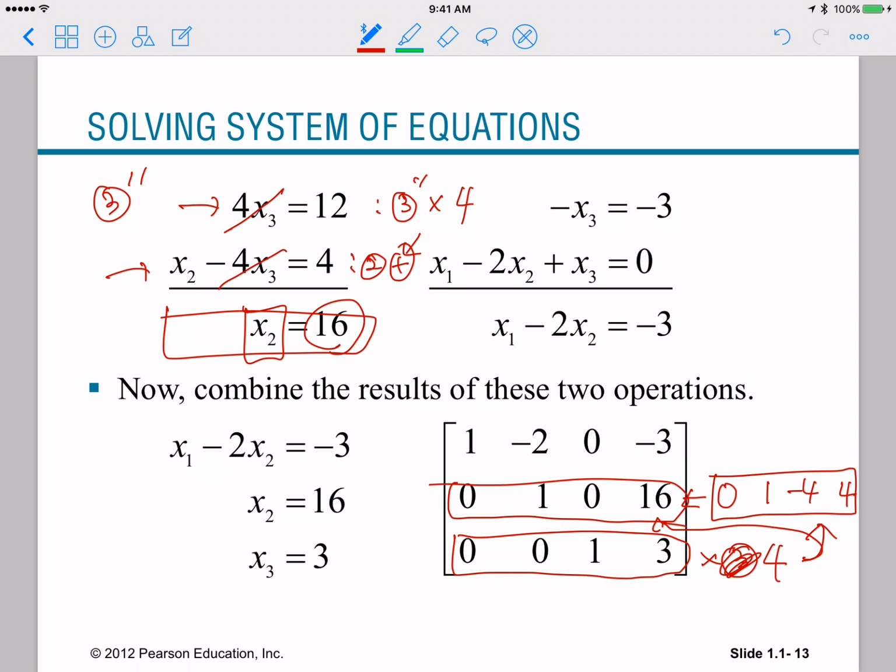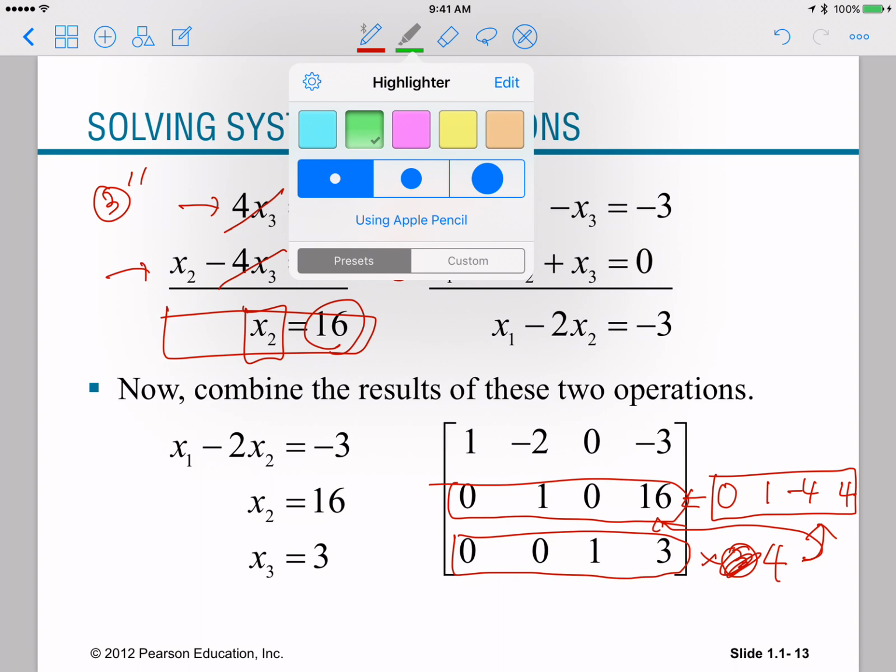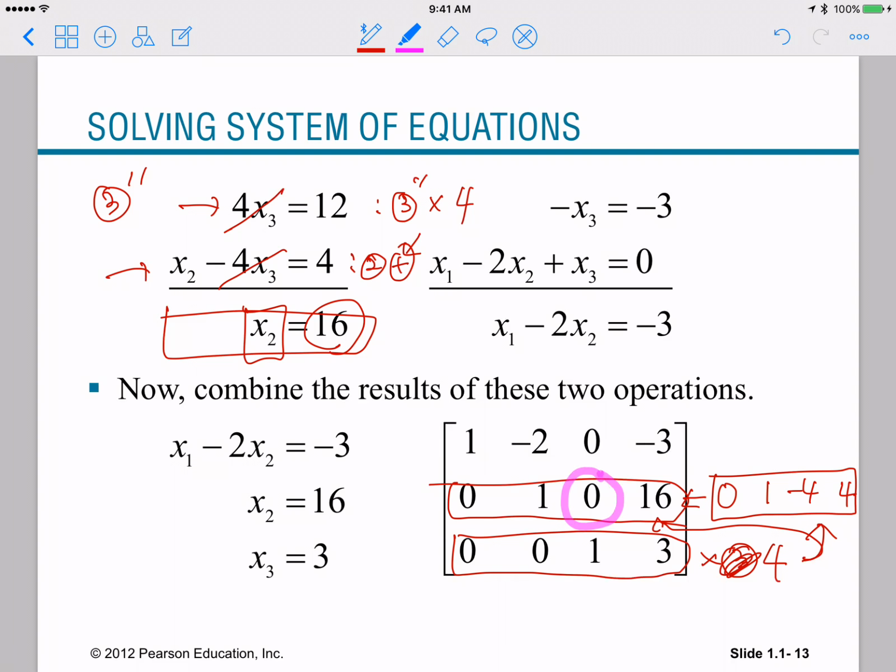And then what we did here is we created this 0, right? Because we eliminated this x3. And then we can do also the same thing by replacing the first equation by just canceling out this variable x3.